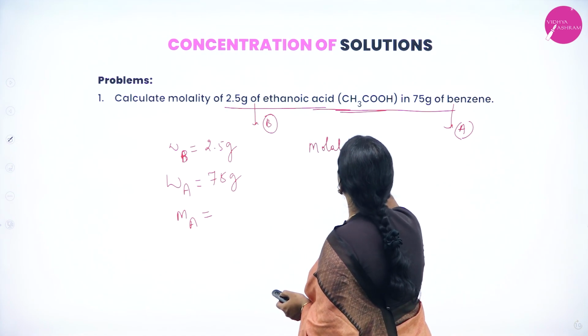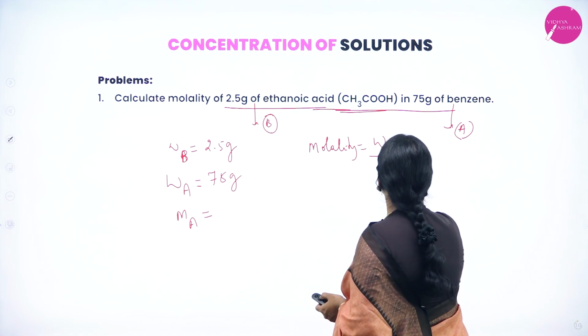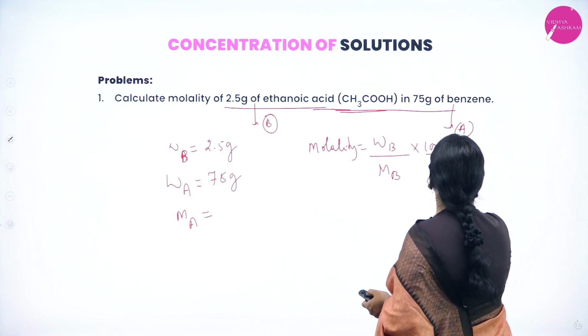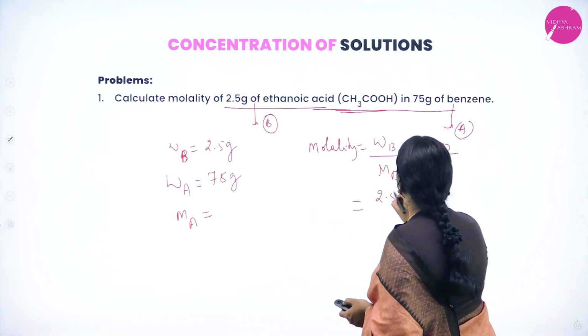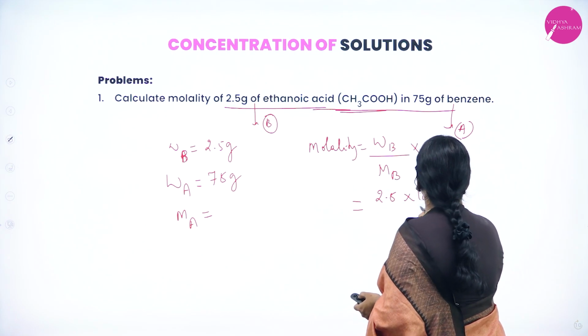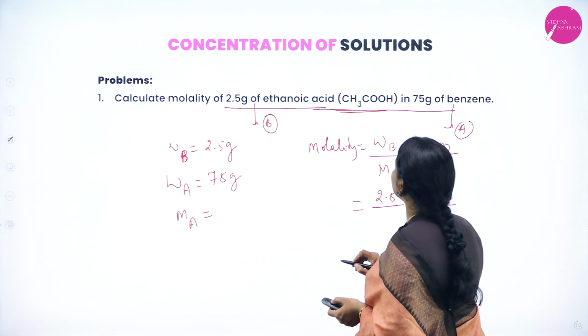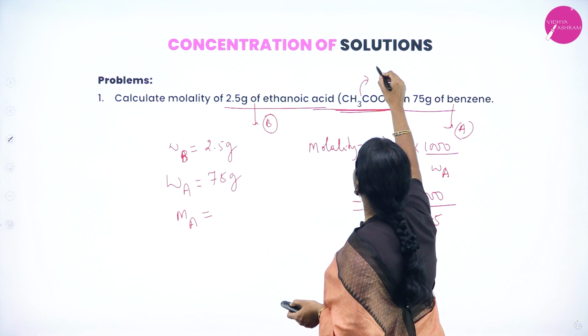What's the formula to calculate molality? Molality is WB divided by MB into 1000 divided by WA. WB is 2.5 into 1000, WA is 75 gram. MB is the molecular mass of B. B is acetic acid.